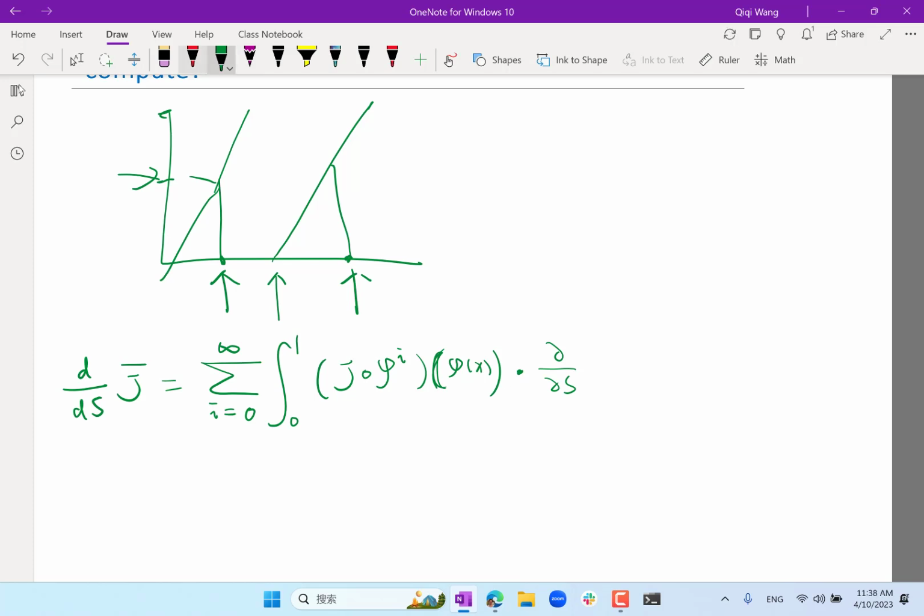If we are perturbing the map to something like this, then the DDS is this function, the partial derivative of the map itself with respect to the parameter while holding x fixed, phi at x d rho x.